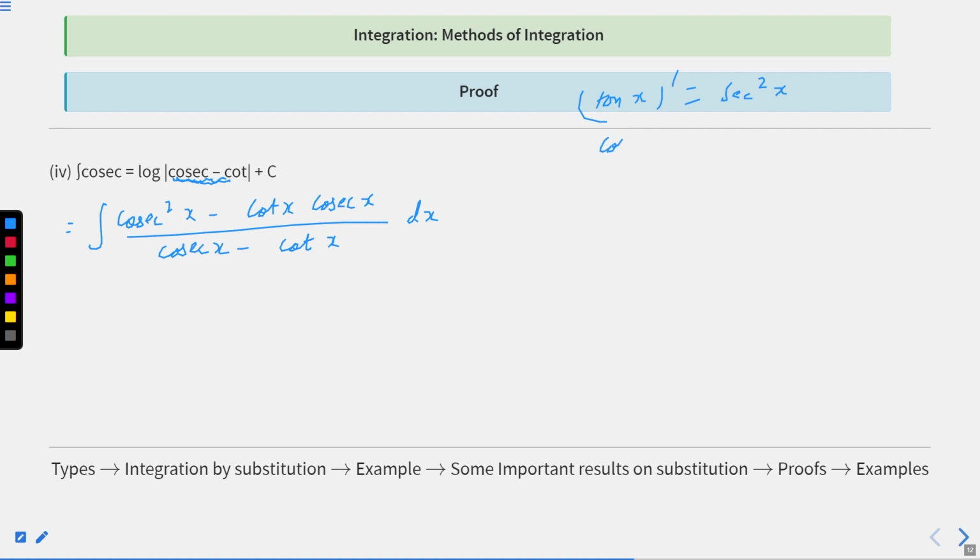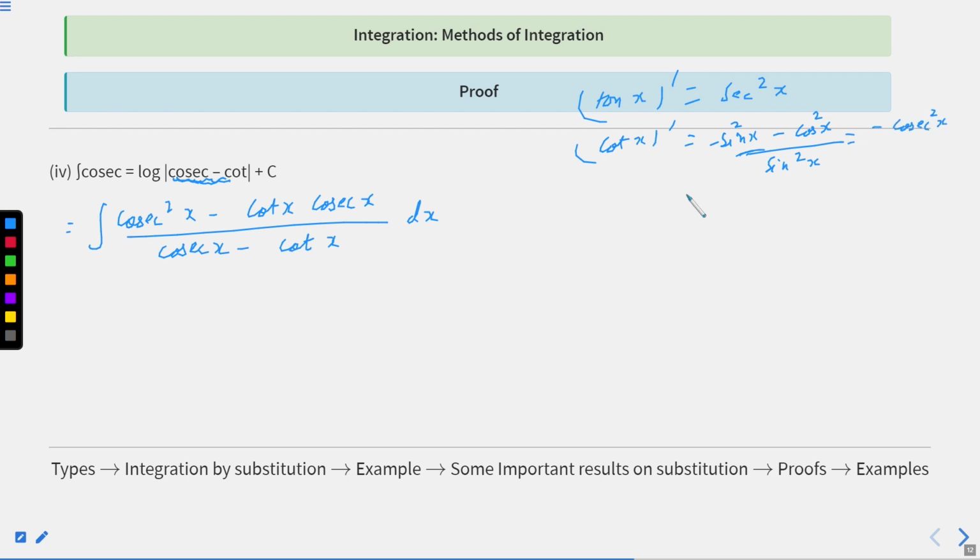Now what about cot x derivative? Cot x is nothing but cos by sine, so the derivative is minus sine square x minus cos x multiplied with cos x over sine square x, so you will have minus cosec square x.